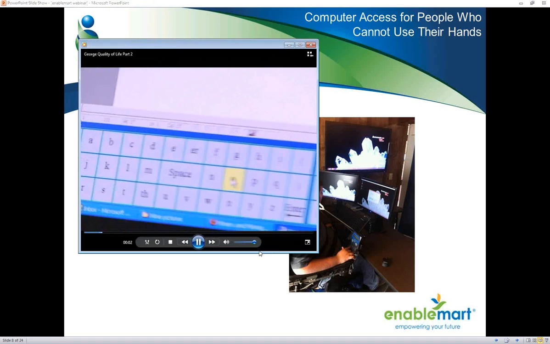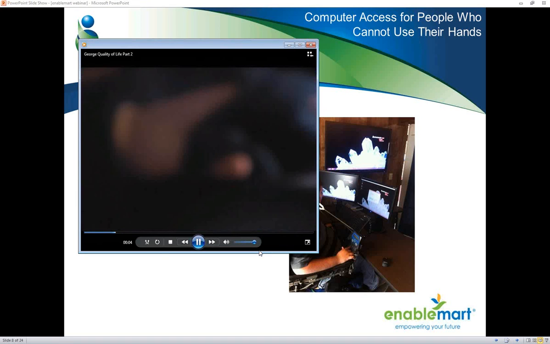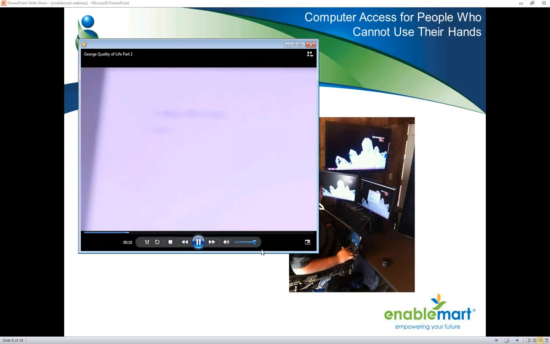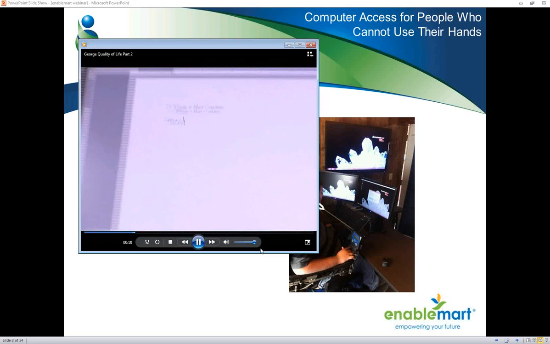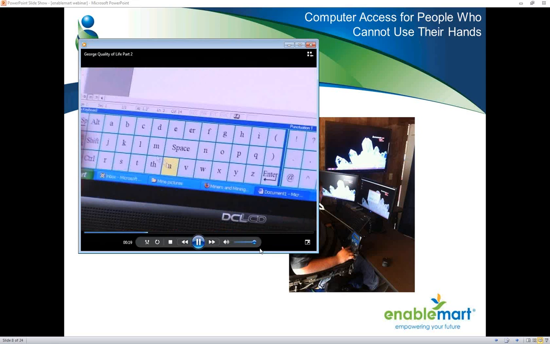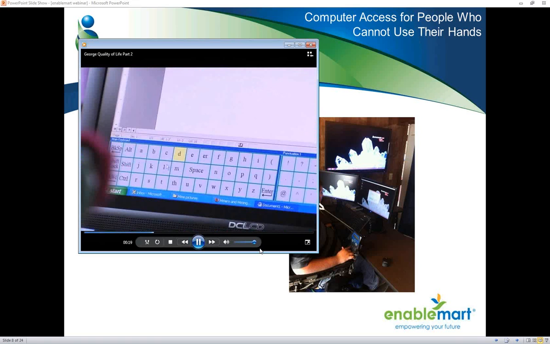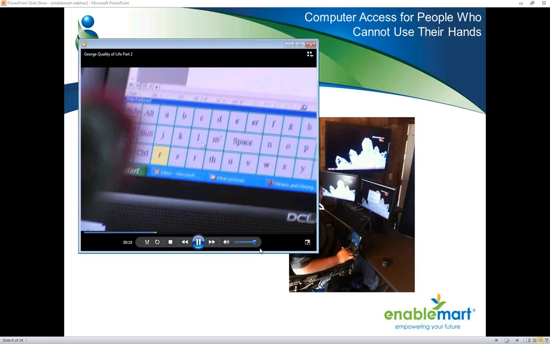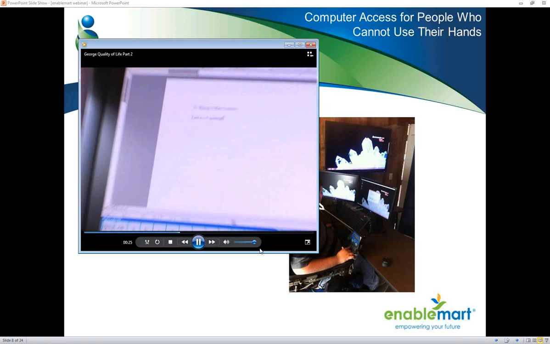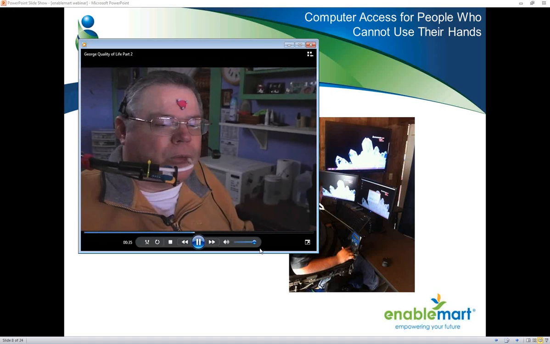Quality of life, when you're in the condition that I'm in, a spinal cord injury situation, or multiple sclerosis, or even a traumatic brain injury, your quality of life is one of your most important aspects. And the quality of life that I have now that I'm able to do things independently and access information independently, not having to depend on people, that just makes me feel that much more as an individual.